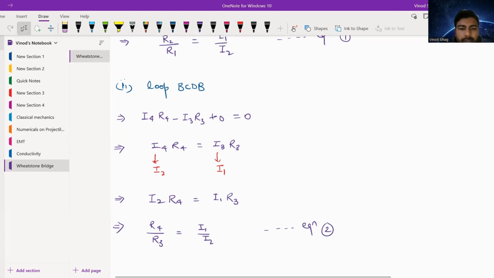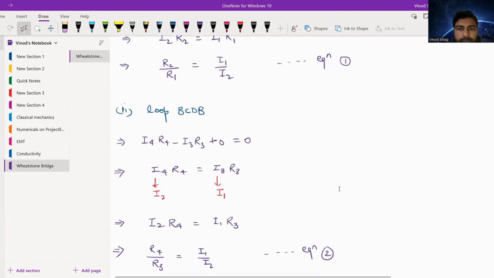Now equate equation number 1 and 2, because we know that both the ratios R2 upon R1 and R4 upon R3 are equal to the same ratio of the currents, I1 upon I2, and similarly in the second equation also I1 upon I2.